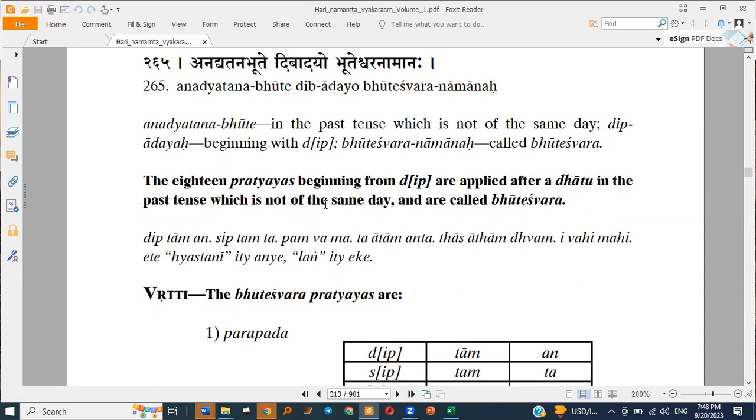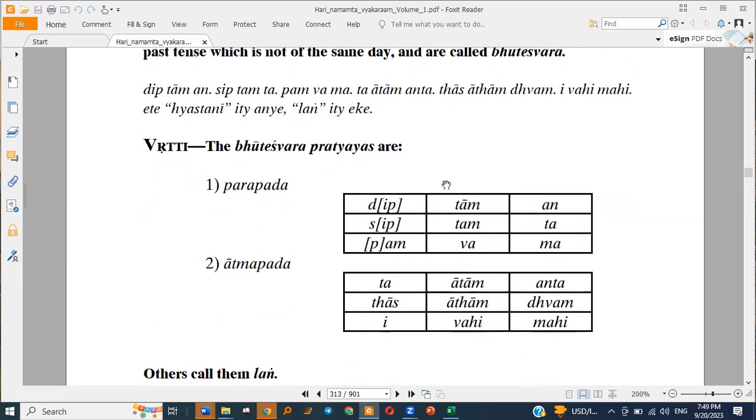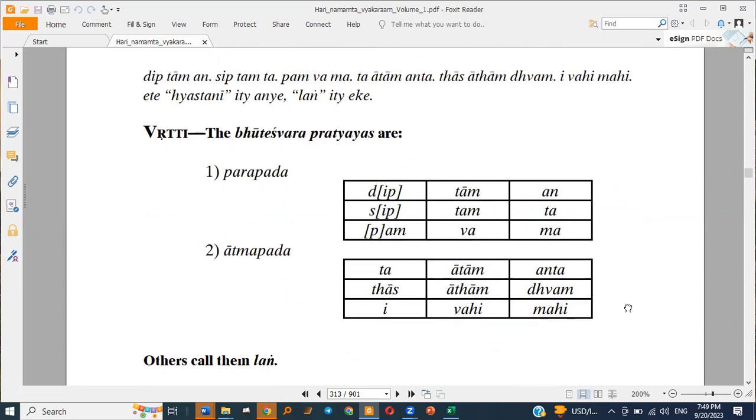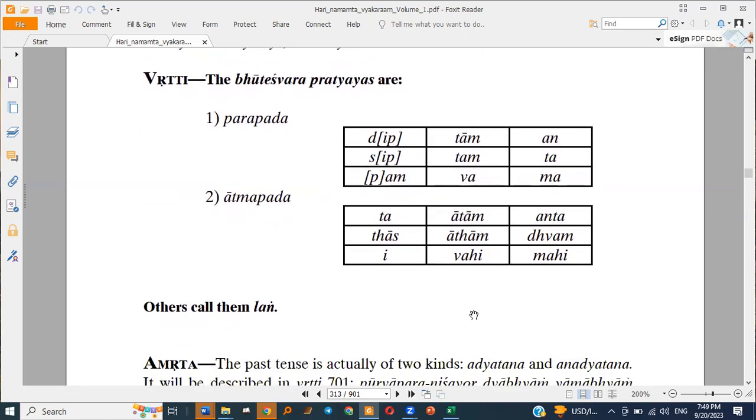They are called Bhuteshwara pratyas. The pratyas are Dip, Tam, An, Sip, Tam, Ta, Pam, Va, Ma, Ta, Atam, Anta, Has, Atham, Dvam, E, Vahi, Mahi. These Bhuteshwara pratyas are also called Lang Lakar.